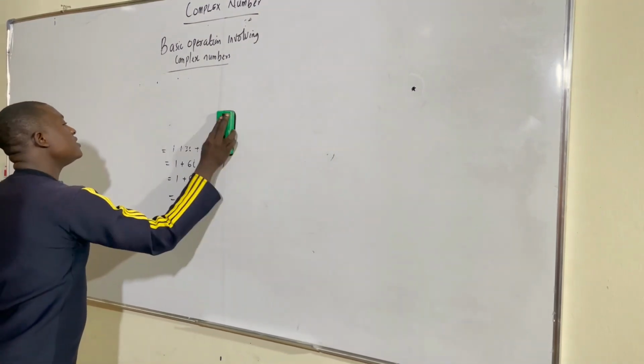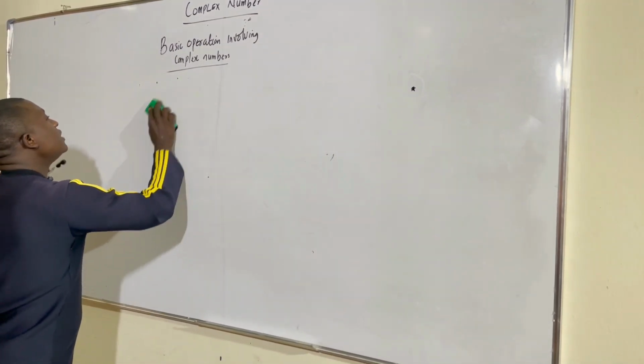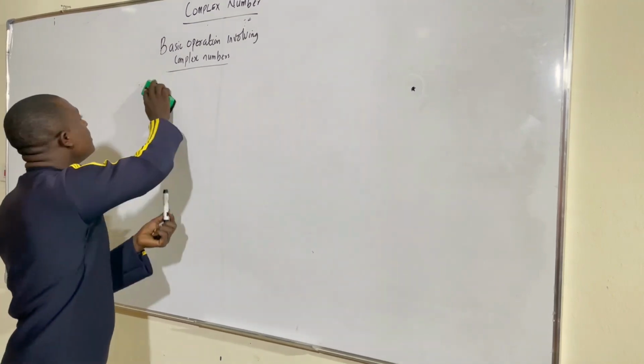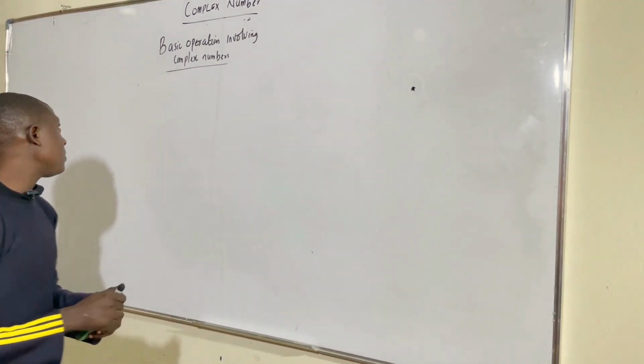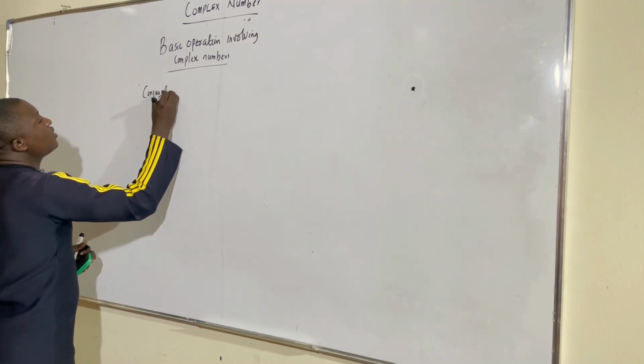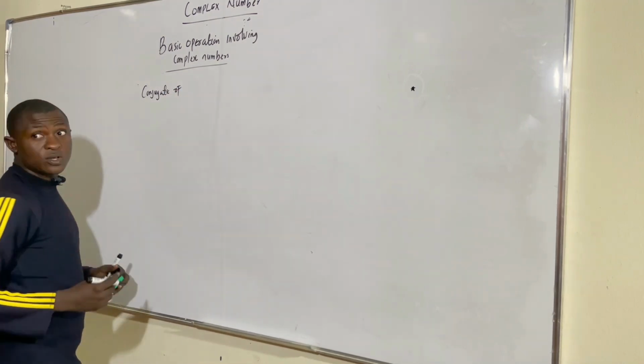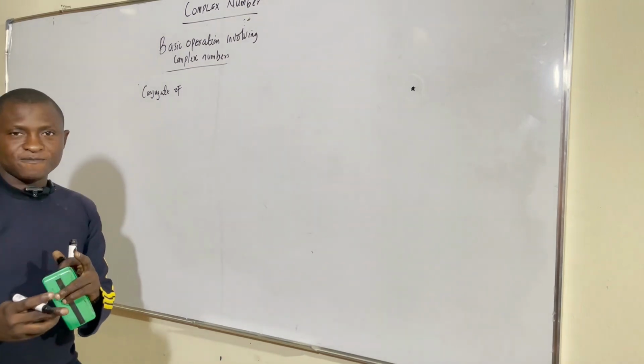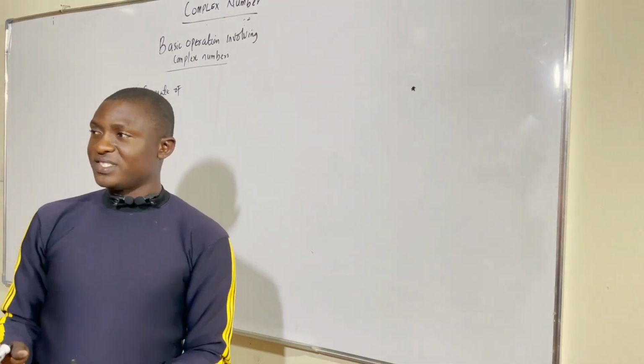So the next one is division. But before we talk about that, we need to talk about what we call the conjugate of a complex number. Just like an opposite, every word has its own opposite, right?